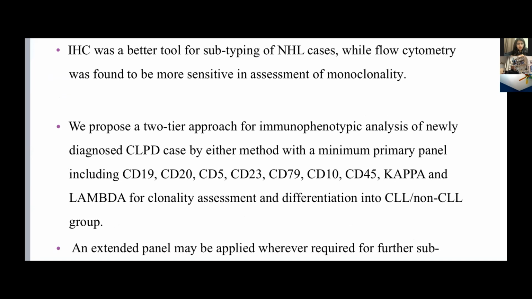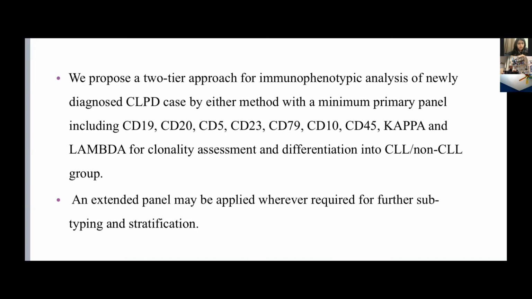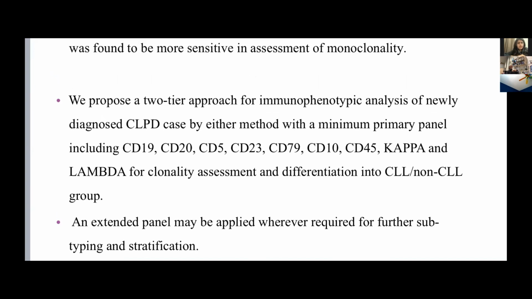It is very important to differentiate between them, because patients with CLL usually do not require treatment and can be kept on follow-up. The remaining non-CLL cases can be further subjected to an extended panel for further subtyping of the cases.